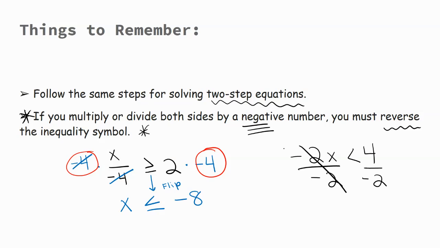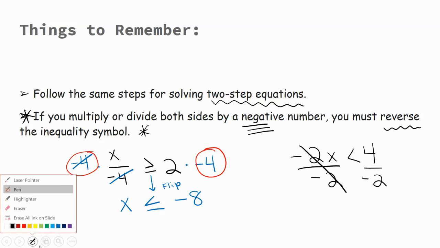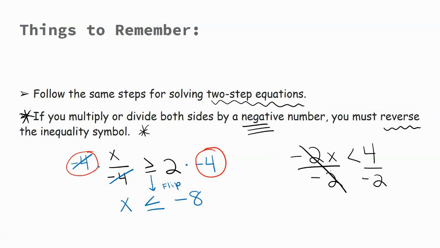It's if you multiply or divide. So since now I'm dividing by a negative, again, my sign is going to flip. Okay, so now since it's less than and I divided by a negative, it's going to end up being x is greater than 4 divided by negative 2, which is negative 2. Okay, so see how when I multiply by a negative or divide by a negative, I'm flipping that symbol.